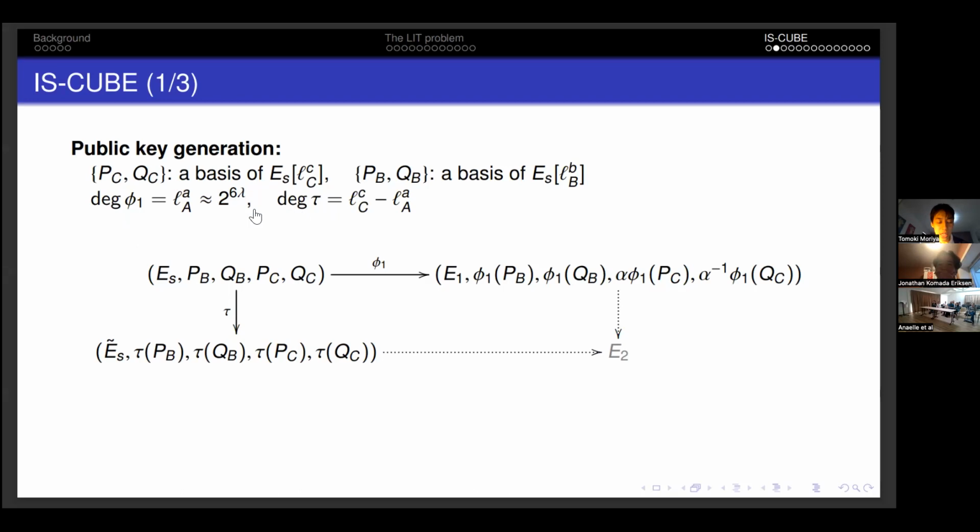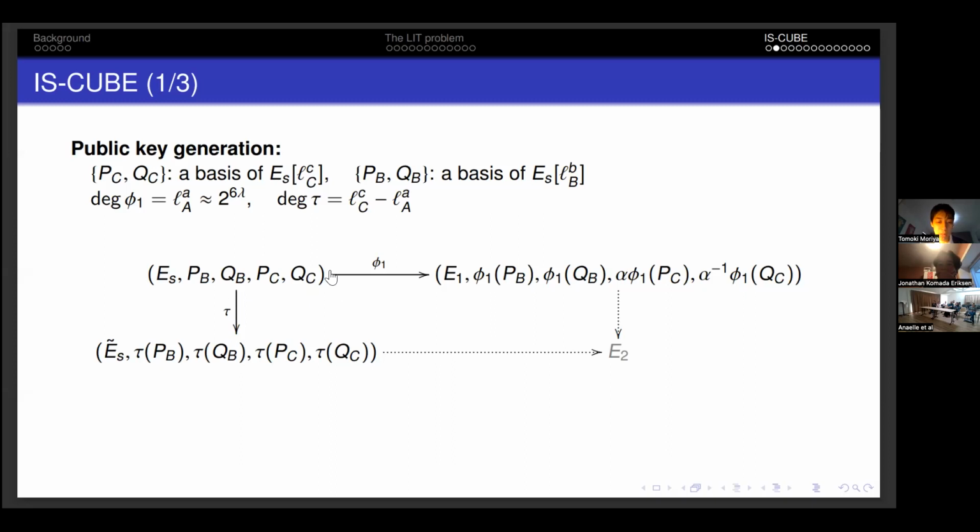And let the degree of tau be the isogeny of degree LC to C minus LA to A. Then at the beginning, we compute the isogeny tau and the image points tau PB, tau QB, tau PC, and tau QC. Then these are the public parameters. So everyone knows about the isogeny tau.